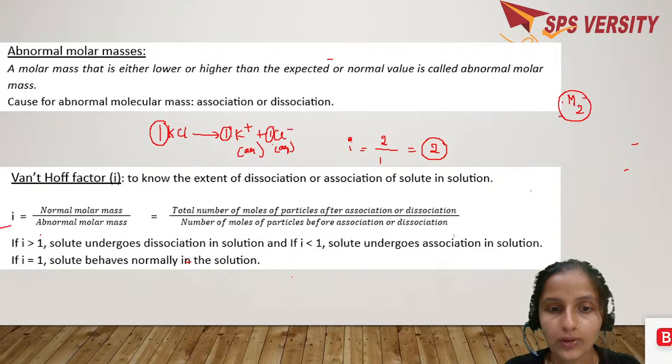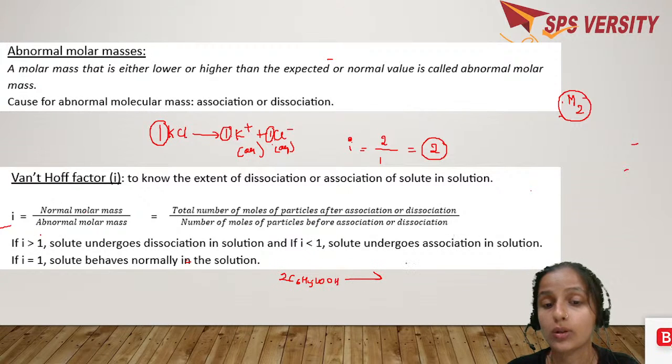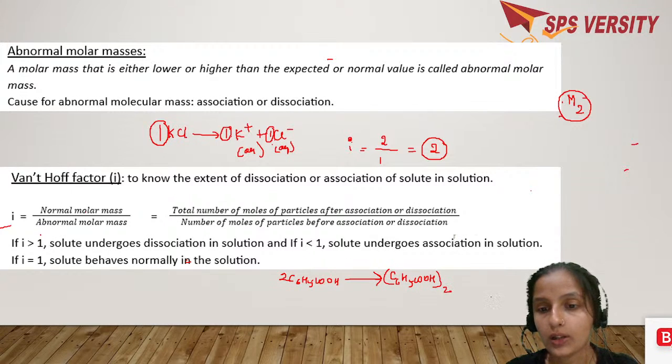For example, if you take benzoic acid, C6H5COOH, 2 molecules of benzoic acid, when put into the solution, undergo association. It forms a dimer. If it forms a dimer, how do you calculate the i value? i is equal to number of moles after association, that's just 1 mole, divided by number of moles before, that's 2, which is equal to 0.5.